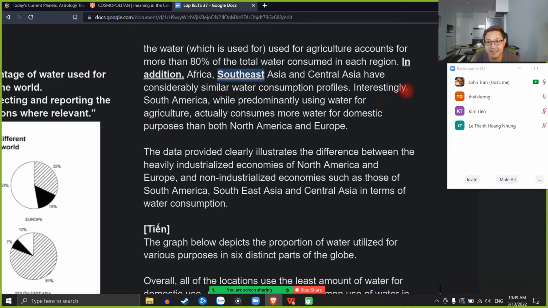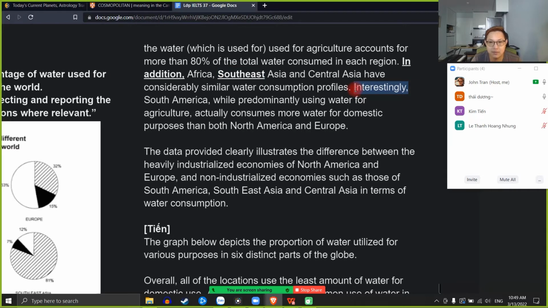Interestingly, một cách thú vị thay. South America, while predominantly using water for agriculture, trong khi phần đông là sử dụng nước cho nông nghiệp, actually consumes more water for domestic purpose than. Đây là một cái điểm thú vị đấy. This is an interesting point.